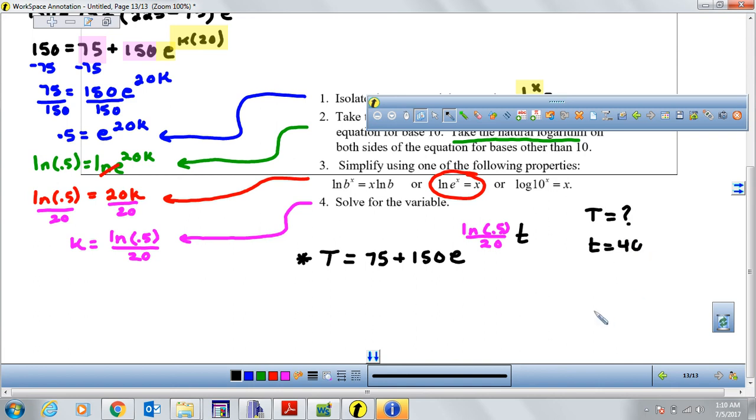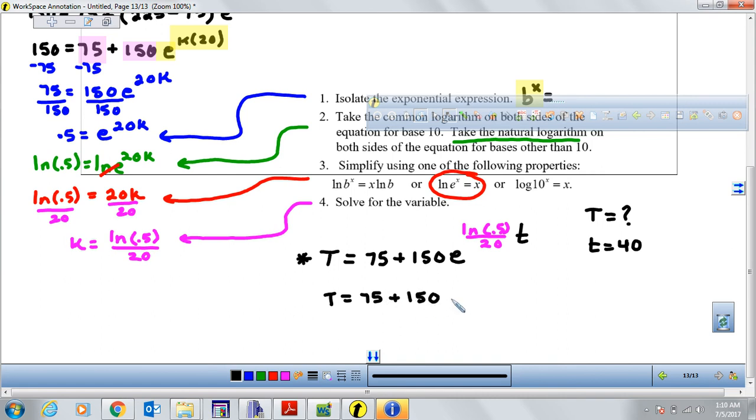So we're looking for the value of the capital T. T equals 75 plus 150 times E raised to the ln of 0.5 over 20, and then the time is going to be 40, so times 40.